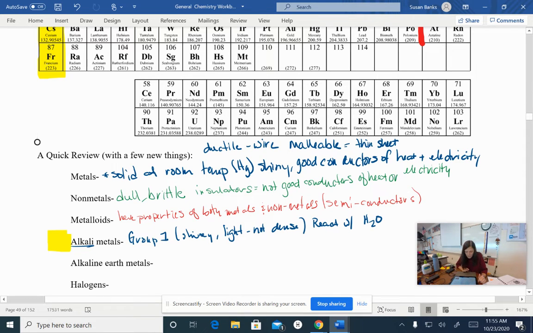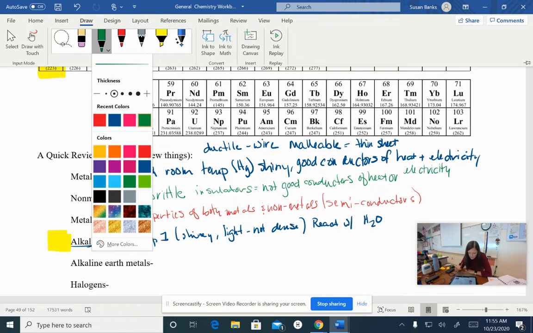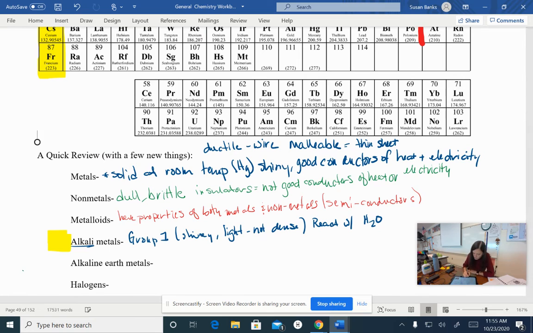Okay. Now the alkaline earth metals are a little bit different. Actually, let's do yet another color here. The alkaline earth metals are group 2. Okay, they are also shiny.